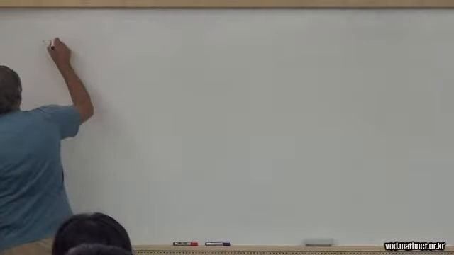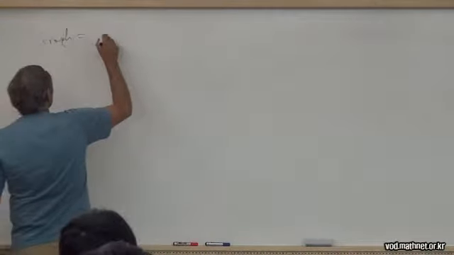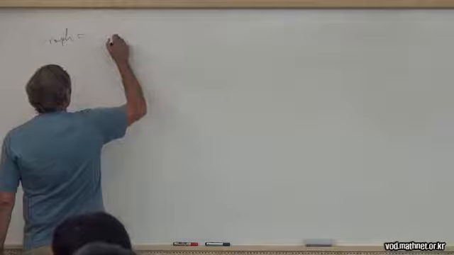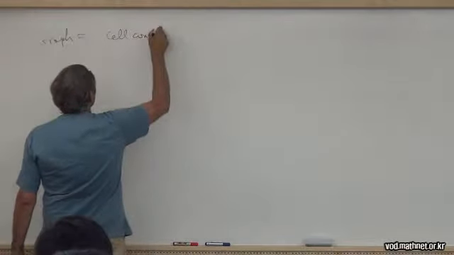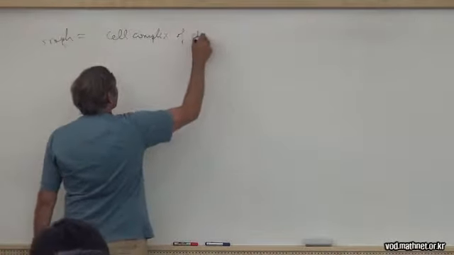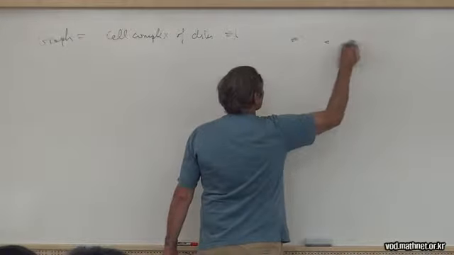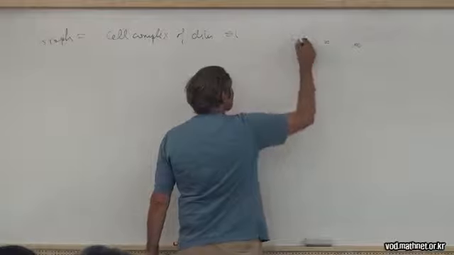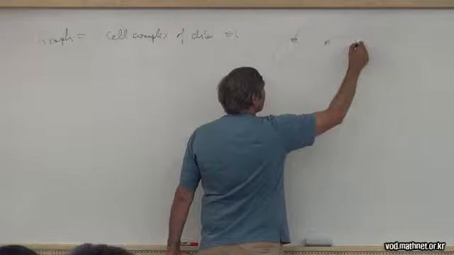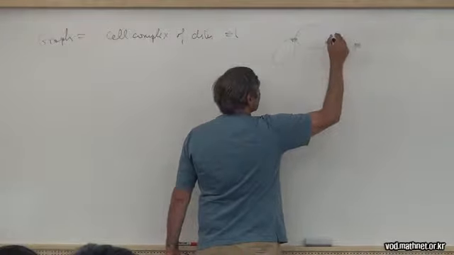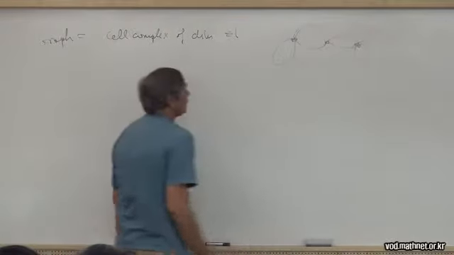So this is a cell complex of dimension less than or equal to 1. For example, you can have a bunch of vertices and then you just attach edges. And they could be loops, you can have parallel edges, whatever you want. Okay, so here's a graph.